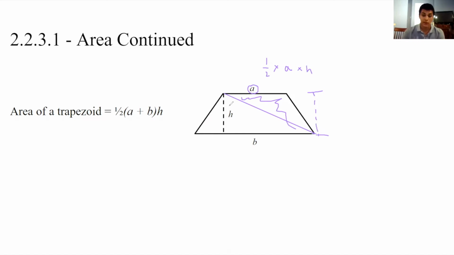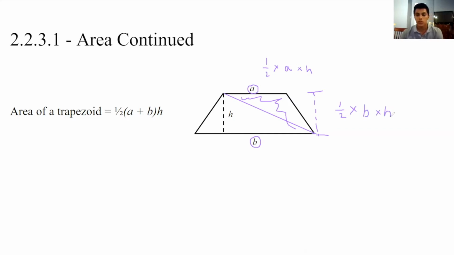Now, to find the area of our second triangle, we do the exact same thing. We take the base, which is b, our other base of our trapezoid as a whole, and we multiply that by the height, which is this h, and then we multiply that by 1/2. So that gives us 1/2 times b times h.